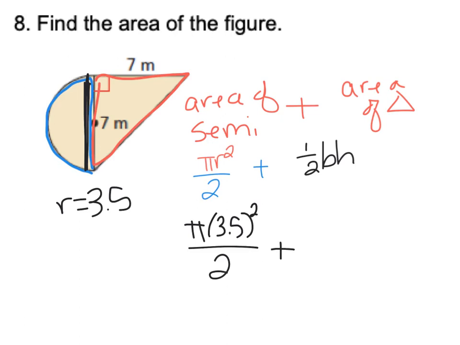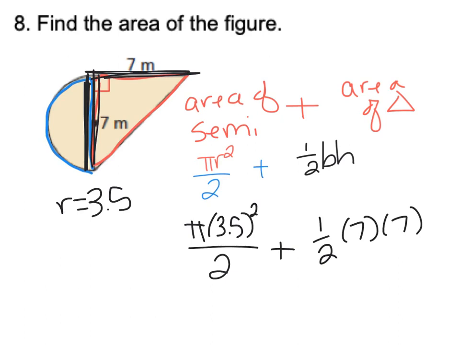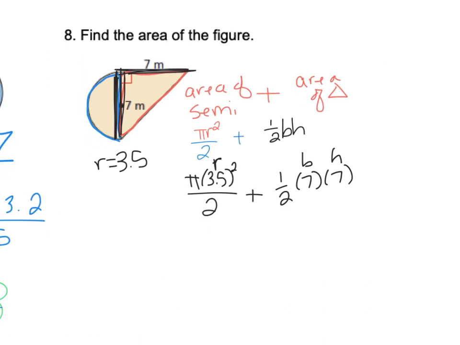Plus, now I'm going to look at my triangle here. The triangle has a base of 7 and a height of 7, so I'm going to have 1/2 of 7 times 7. That's my base, that's my height. 3.5 is my radius.